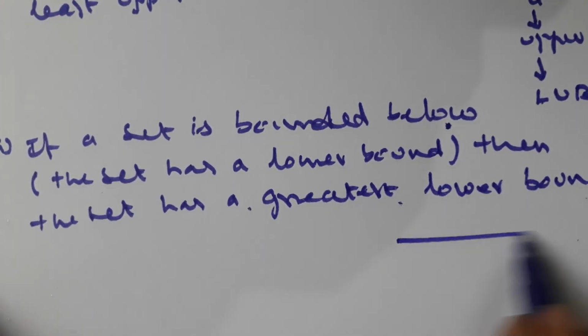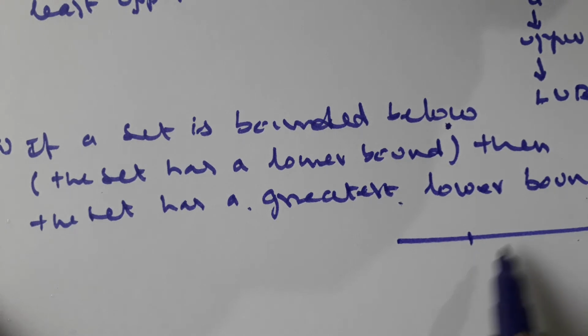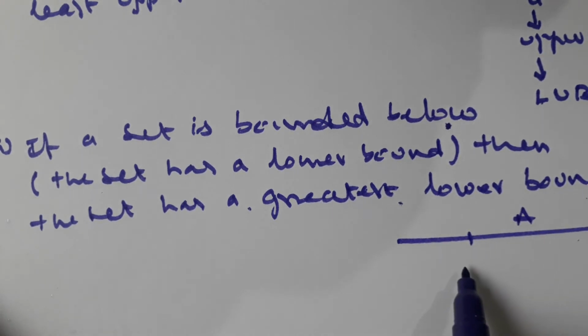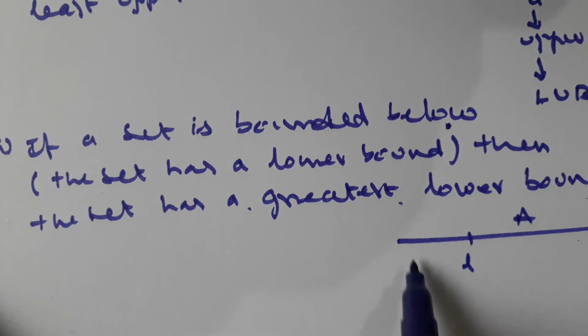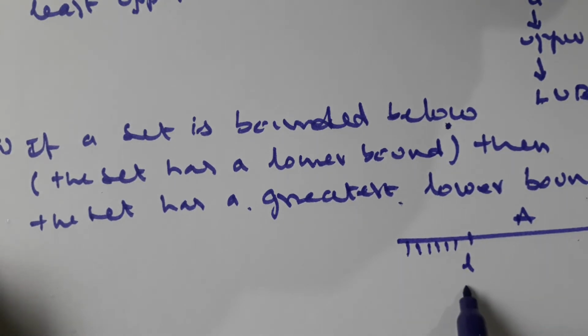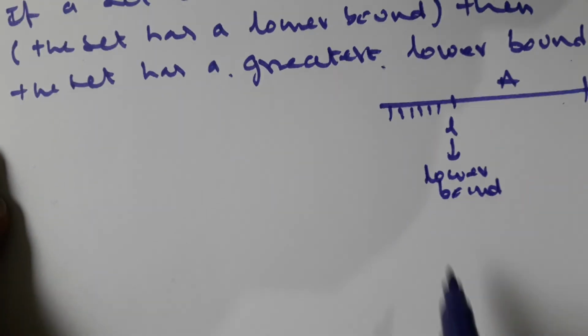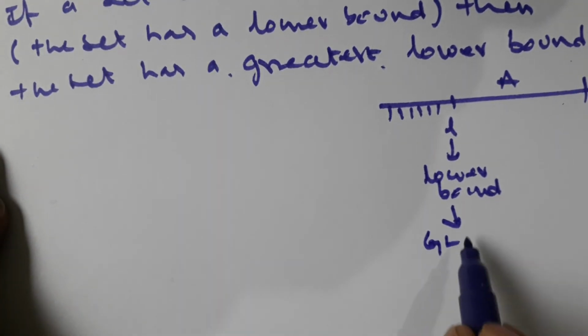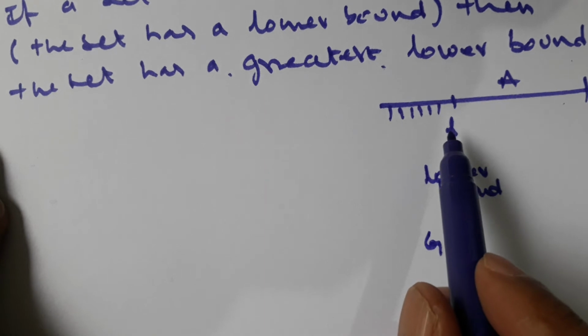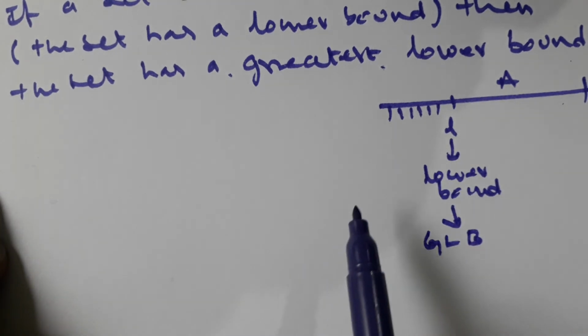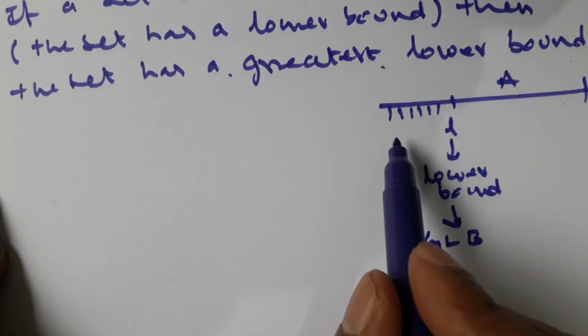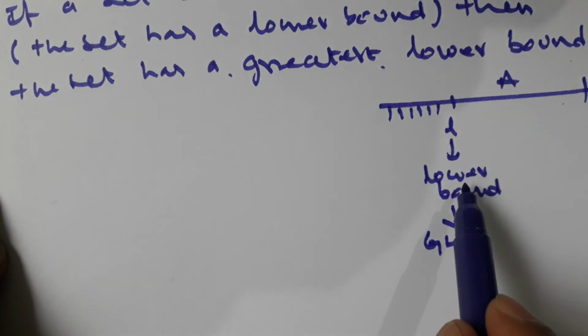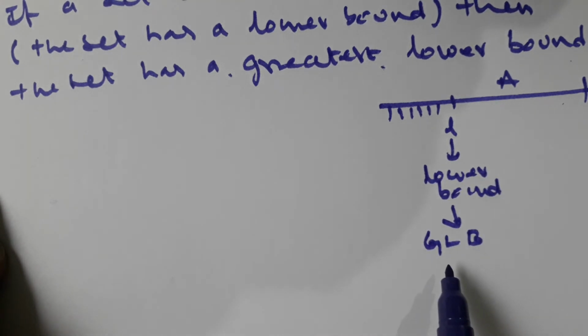That means if any set A has a lower bound, say L, all elements lesser than L are also lower bounds. Later on, this will be the greatest lower bound, because every element less than L is also a lower bound, and this L is called the greatest lower bound.